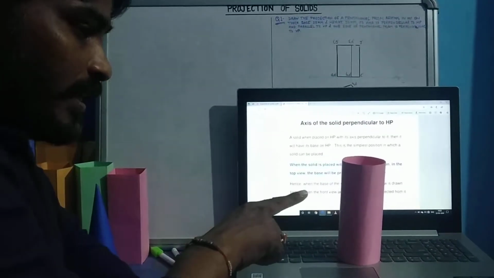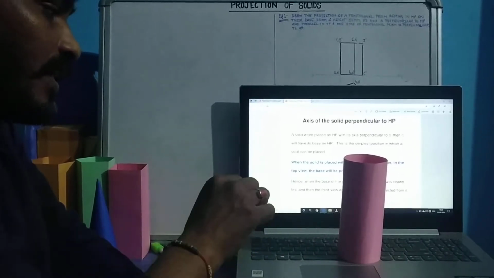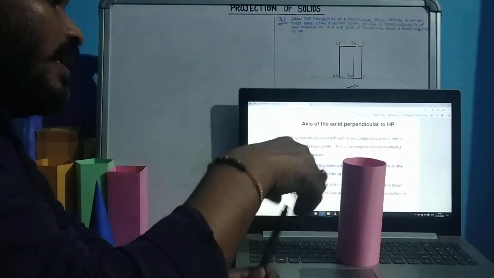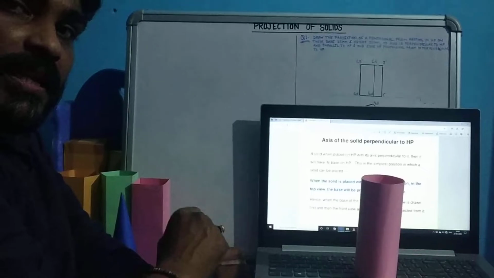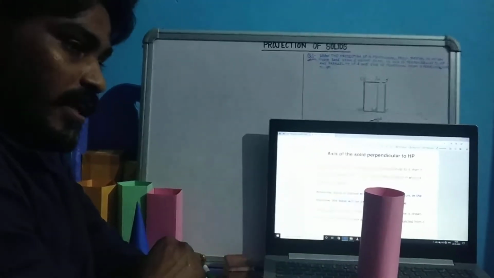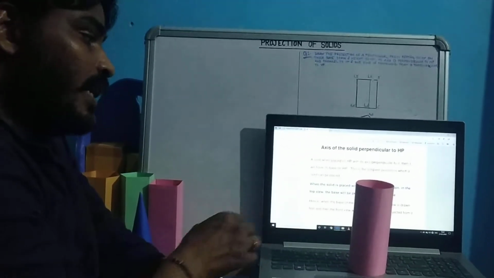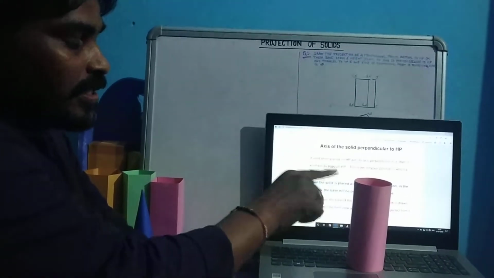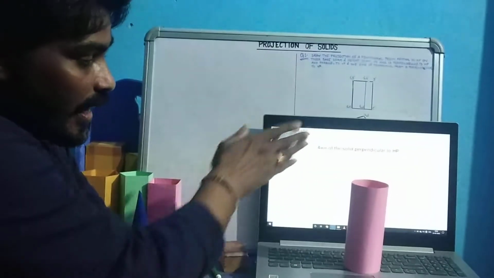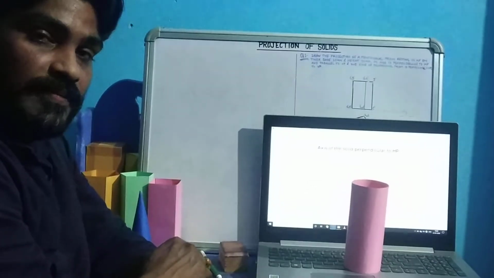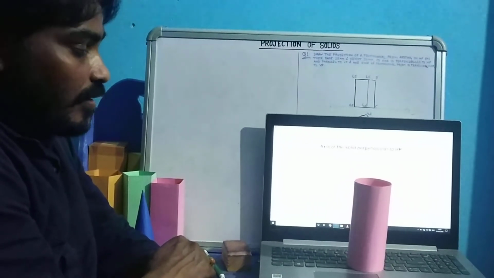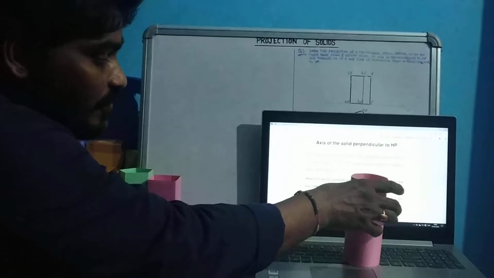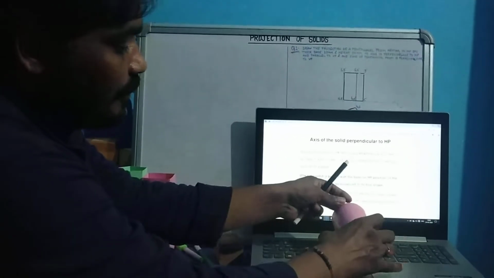If the solid is placed like this, what can we say? We can say there is a solid, that is a cylinder, and it is placed in the first quadrant in such a way that its axis is just vertical, or we can say the axis is perpendicular to HP and parallel to VP. The second way by which we can place our solid in the first quadrant may be like this.